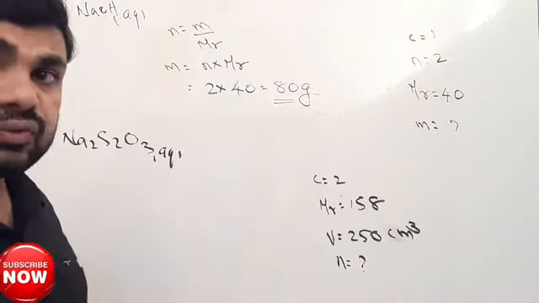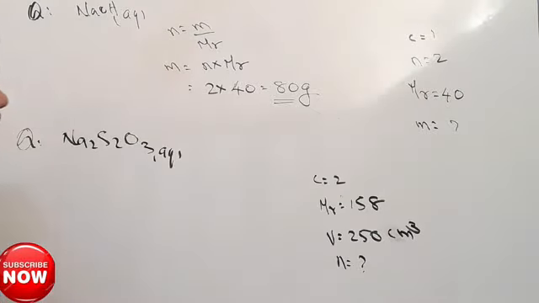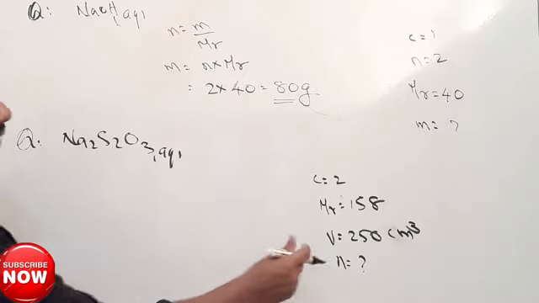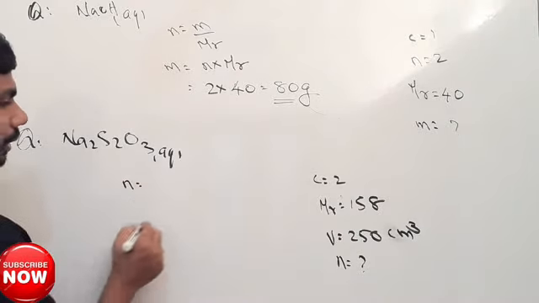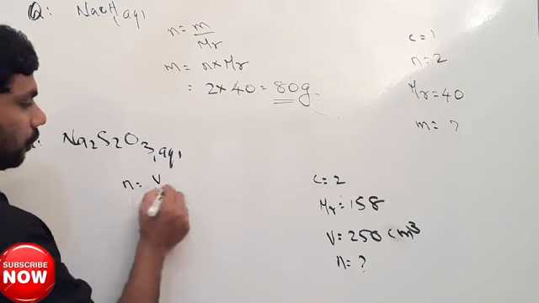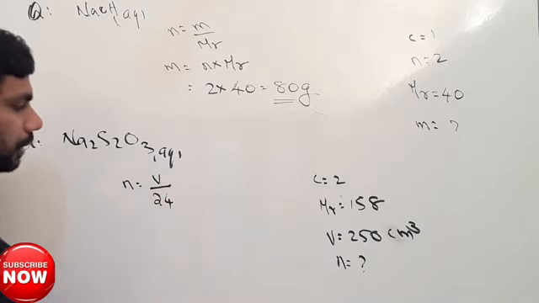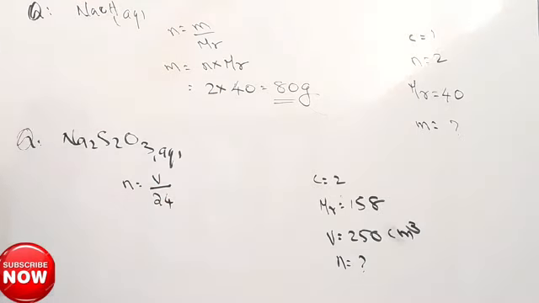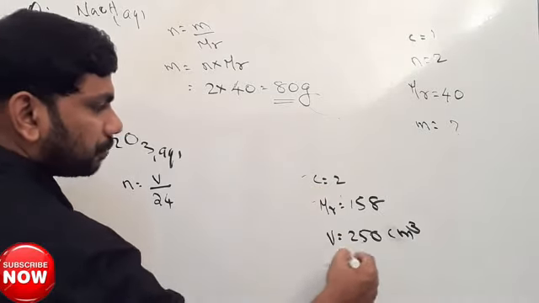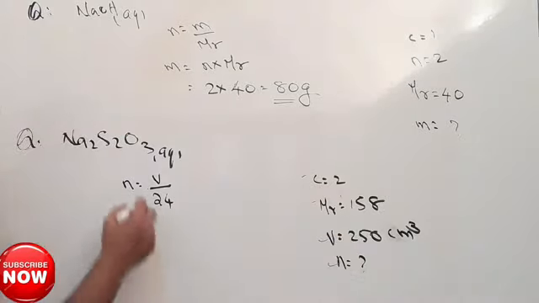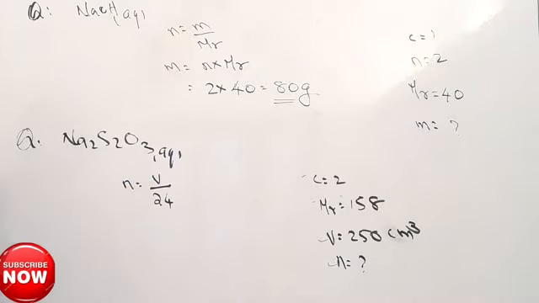So how can you find the number of moles? You have volume here, so you can use number of moles is equal to V over 24, volume divided by 24. So no need to use these other things. Use volume: number of moles is equal to V over 24.